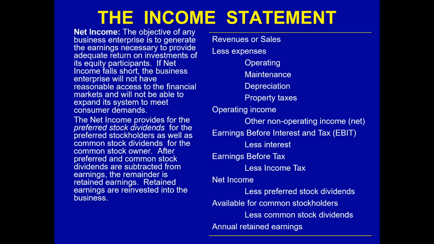The net income provides for the preferred stock dividends for the preferred stockholders, as well as common stock dividends for the common stock owners. After preferred and common stock dividends are subtracted from earnings, the remainder is called retained earnings. Retained earnings are reinvested into the business. So we have net income, and this net income is for the equity holders, which are the preferred stocks and the common stocks.